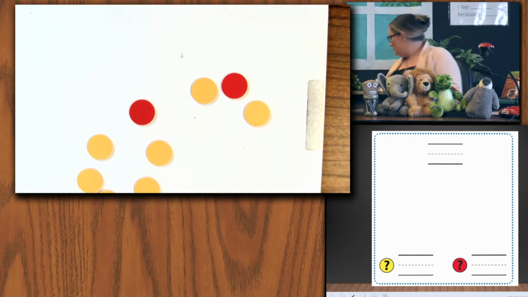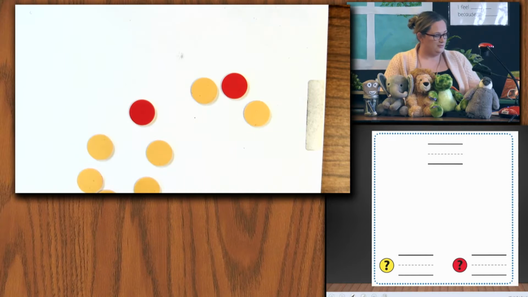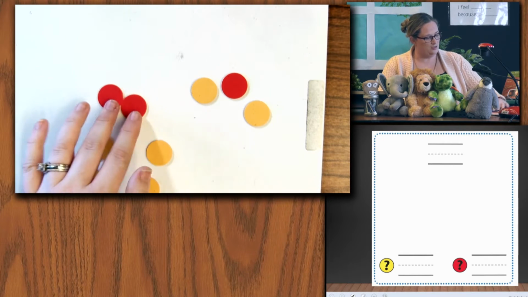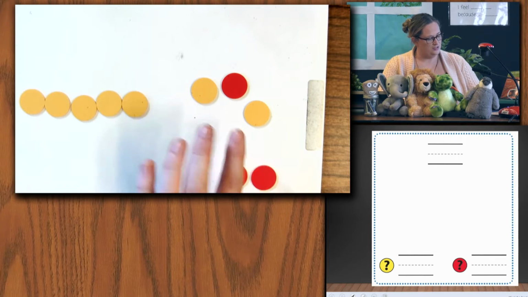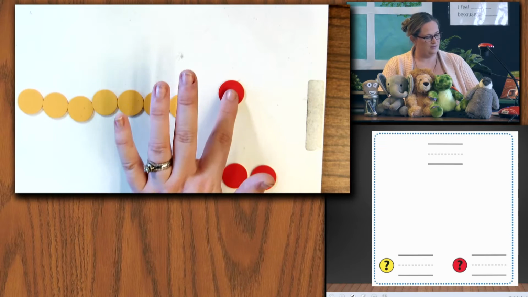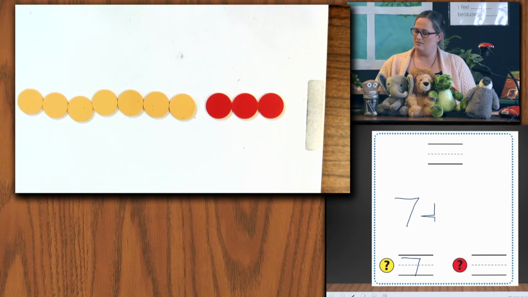It's red. And instead of going down there, I have some spares back here. It was red. Okay, yellows first. How many yellows do you see? 7 yellows. Very good. 7.